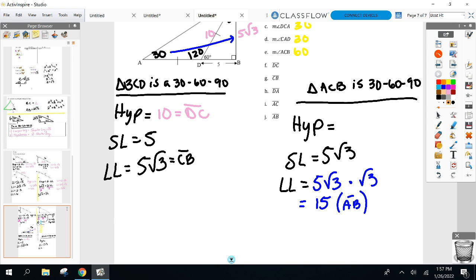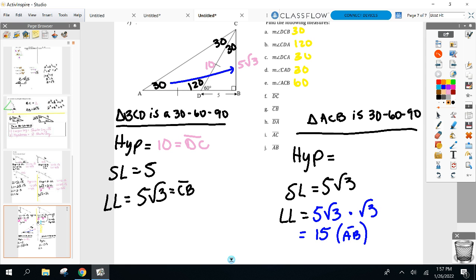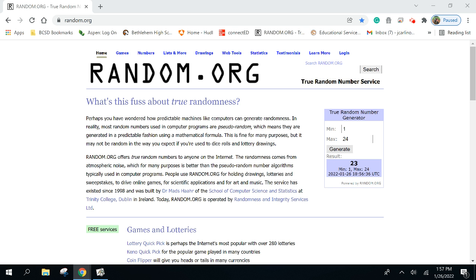Now I get it. Some of you guys probably could have found that out differently, right? Because remember, we found 10 earlier and these are congruent. So 10 plus 5 would also give you 15. Finish it now. Hypotenuse. What is the hypotenuse length in triangle ACB?